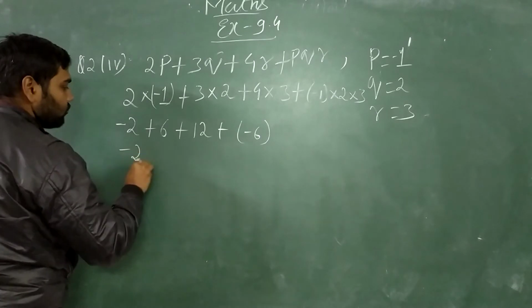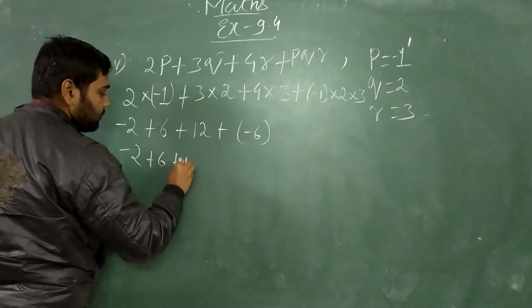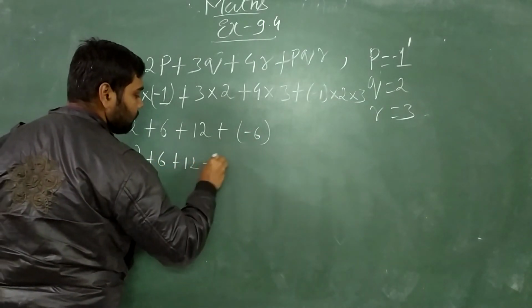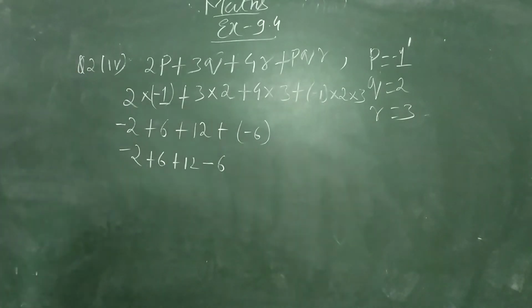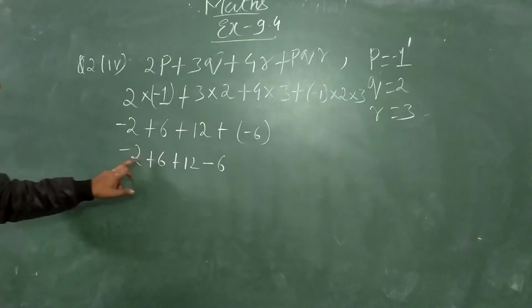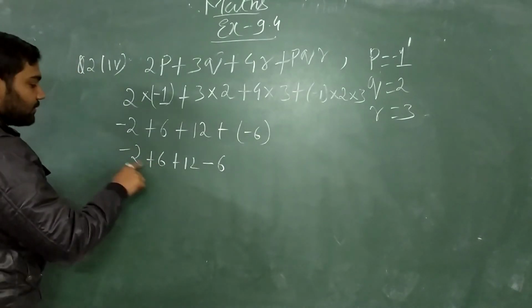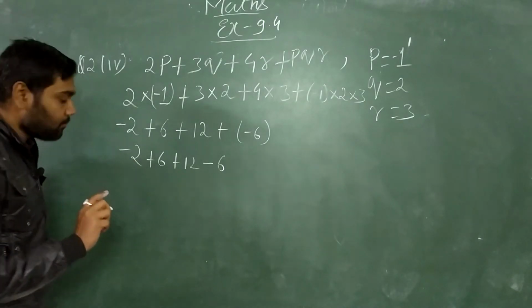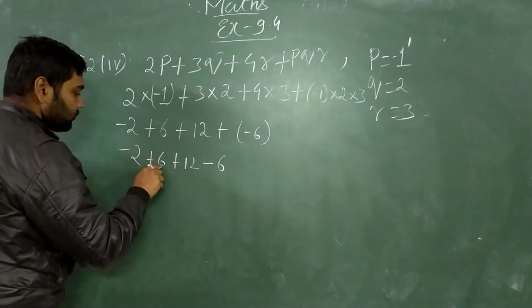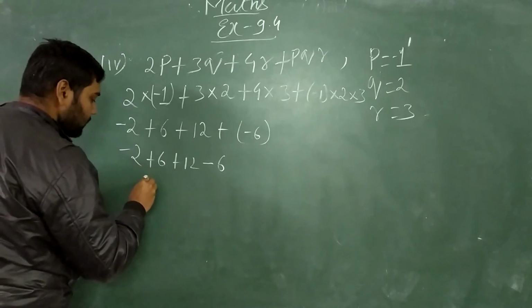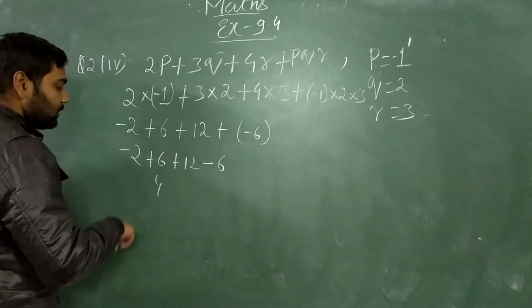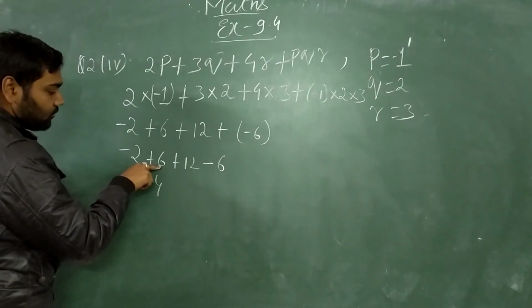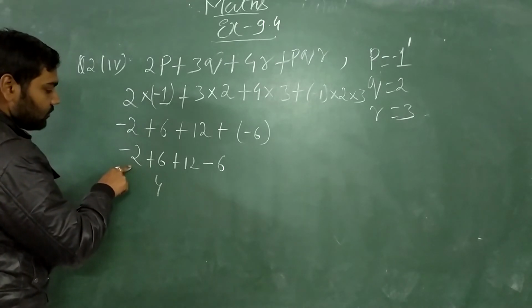Now minus 2 plus 6 plus 12 and plus and minus will give minus 6. So what will be the answer? 6 and minus 2, plus and minus will result in minus. So 6 minus 2 will give 4, but the sign will always be of the bigger number. So 6 is bigger in comparison to 2.